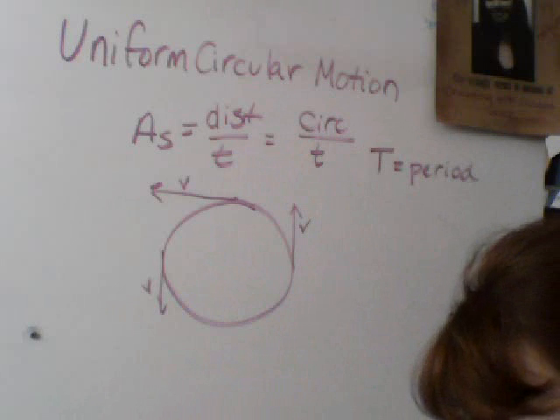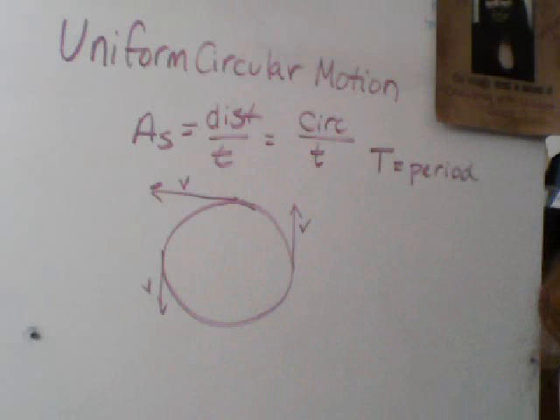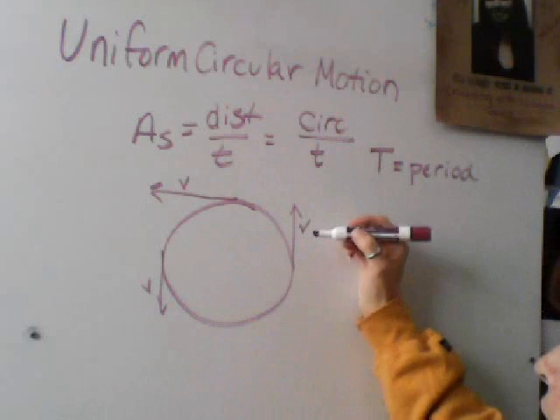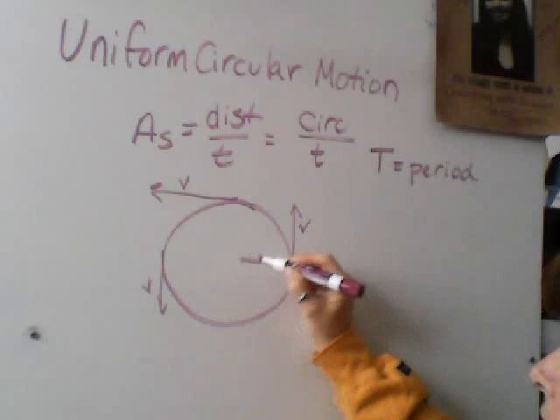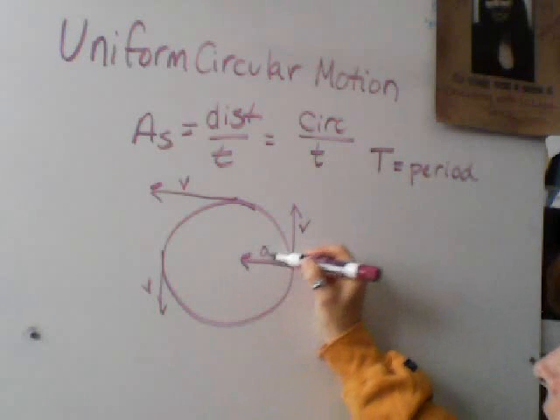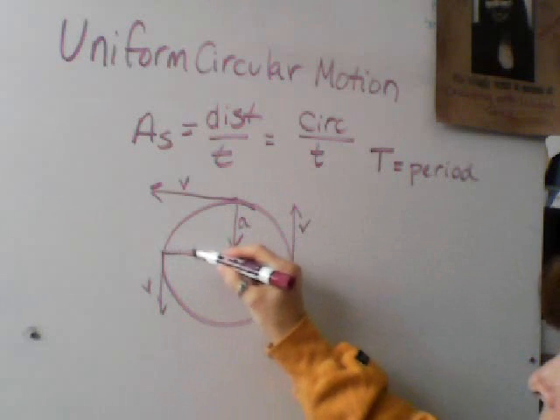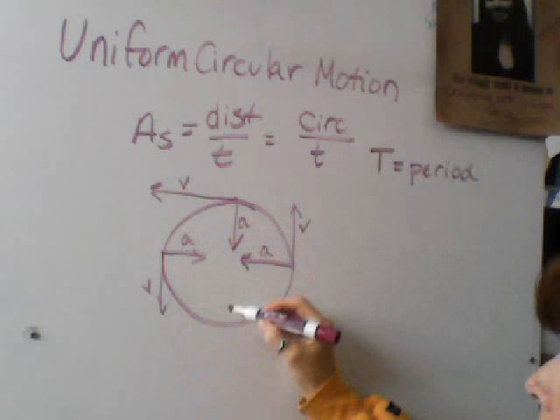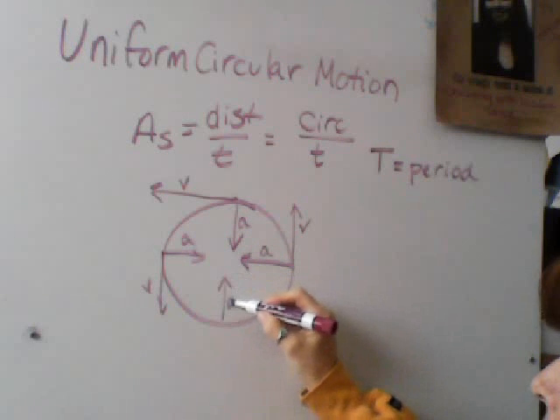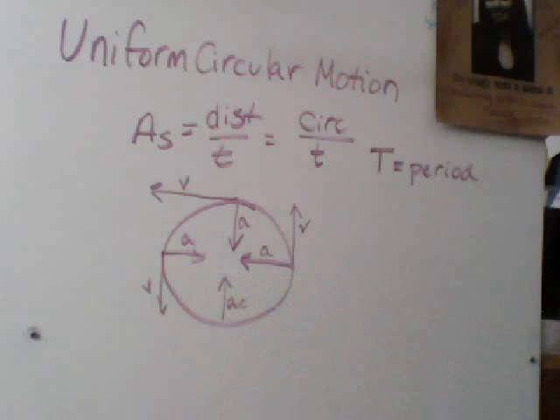So how about the acceleration? Hopefully from the lab last week you were able to determine that acceleration in circular motion is always projected inward. And so this is where we get the term centripetal acceleration.